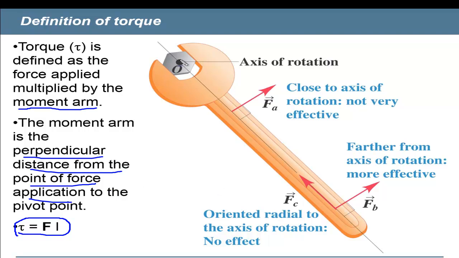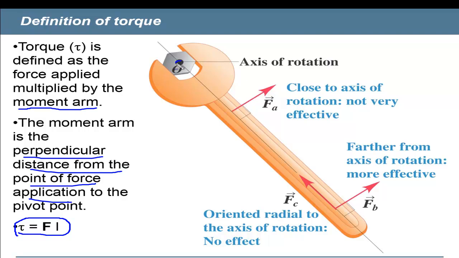So let's say our axis of rotation is right here, and we have this wrench here, and I put some force at point A, and this is perpendicular, so it's 90 degrees right here. When I talk about the perpendicular distance, I mean the distance to the force such that the force is perpendicular.